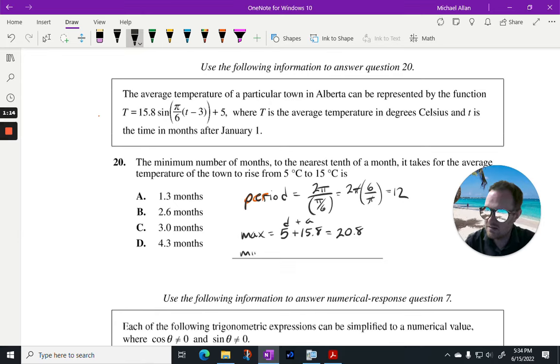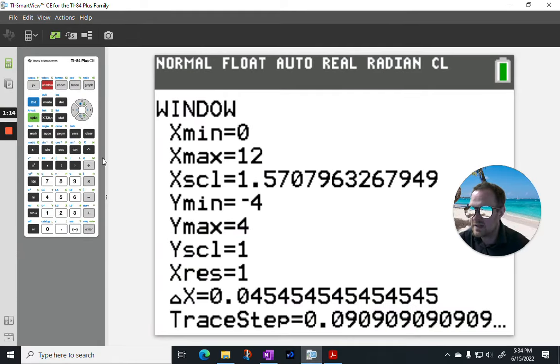And my min value is going to be 5 minus my amplitude, which ends up being negative 10.8. Okay, so 20.8 and negative 10.8. So I got my window here. This is my min, so negative 10.8. You can give yourself wiggle room here too if you want to, and then go up to 20.8.